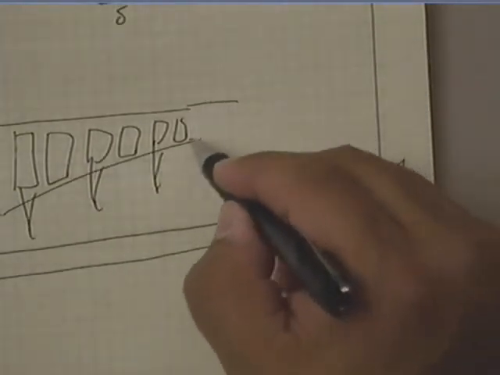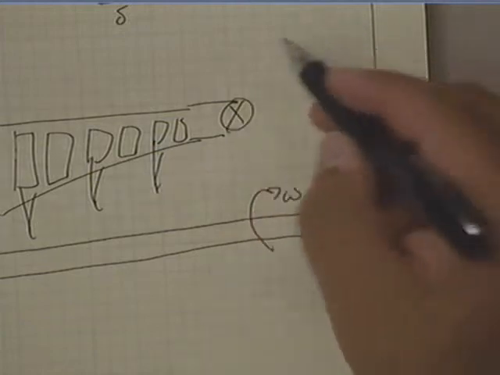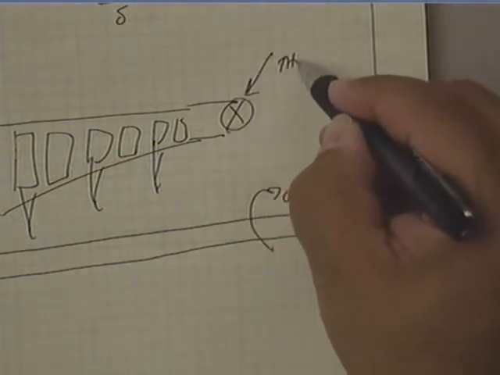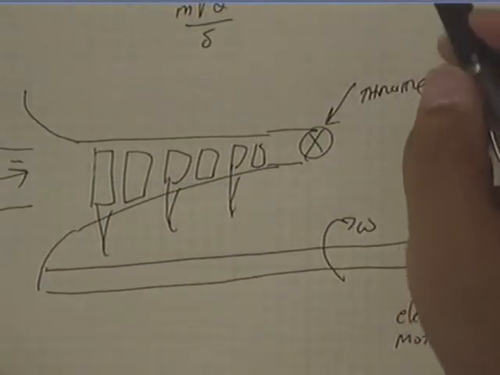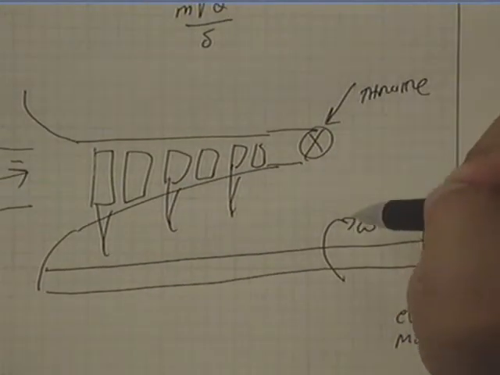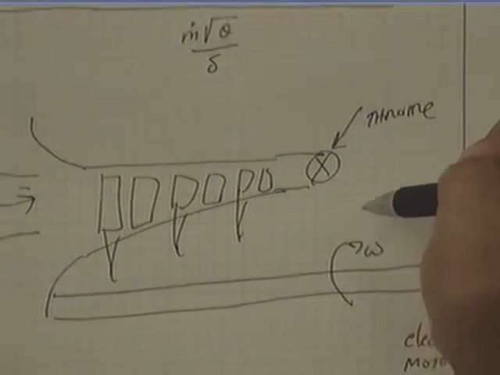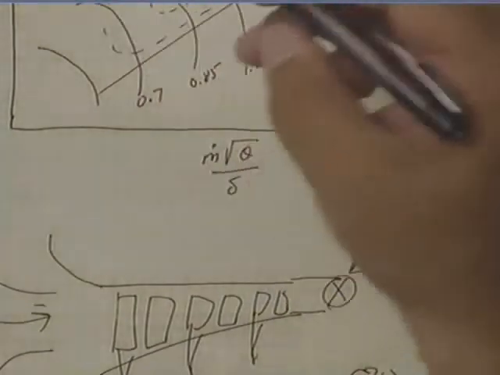And then the exhaust here would be hooked up to a throttle. So what you would do is fix an RPM at a given flow rate.